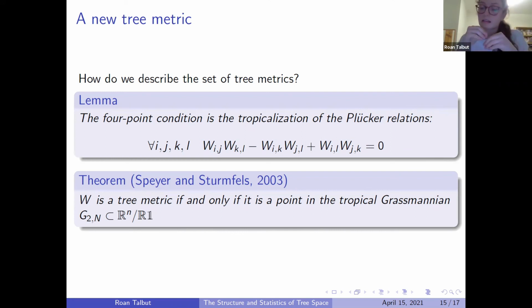It's the place where these linear pieces are joined up, and at those points we're having our maximum achieved twice, which is what the 4-point condition was talking about. So this is how we can tropicalize these Plucker relations, and then using those we can construct and start to talk about the tropical equivalent of the standard Grassmannian.